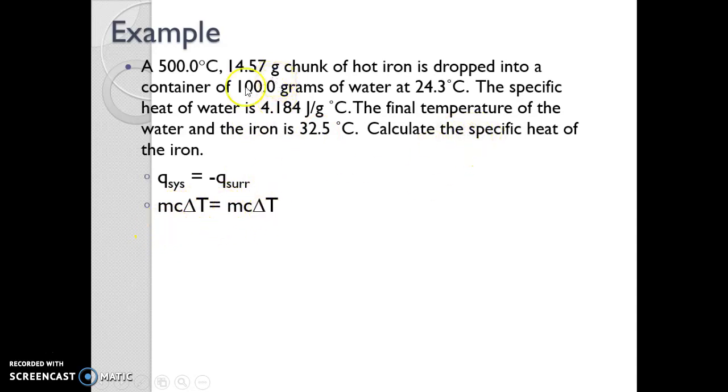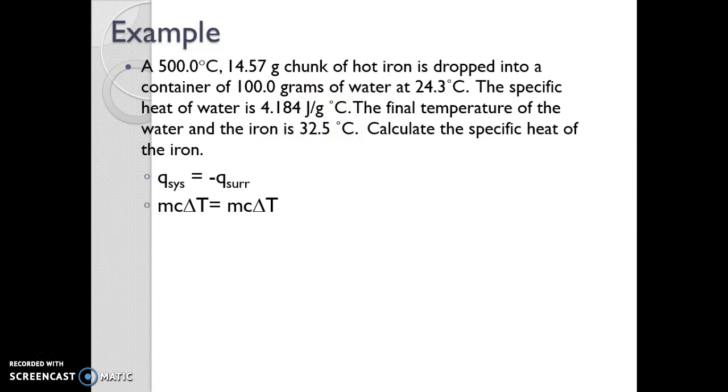That's going to be equal to the 100 grams of water that changes by this temperature and has this specific heat. So when all you're doing is changing the temperature of materials, both sides of the equation can be mc delta T. Important thing, final temp in a situation like this is always going to be the same for both the system and the surroundings.